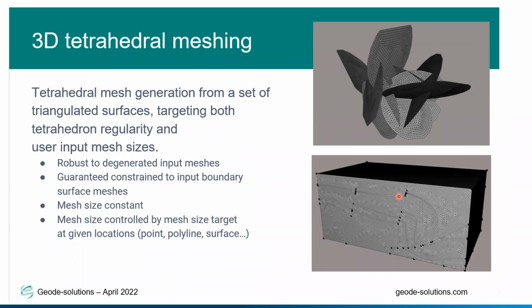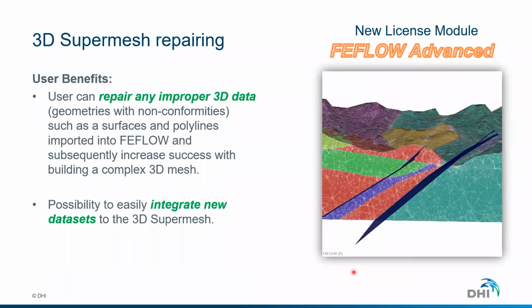If you would like to know more about GOD Solutions, please visit them and get in touch with them. We have a partnership with GOD Solutions, and since last year we started working on a new workflow, what we called super mesh repairing, though it's actually called super mesh processing now. Its major benefit is to repair improper 3D data.